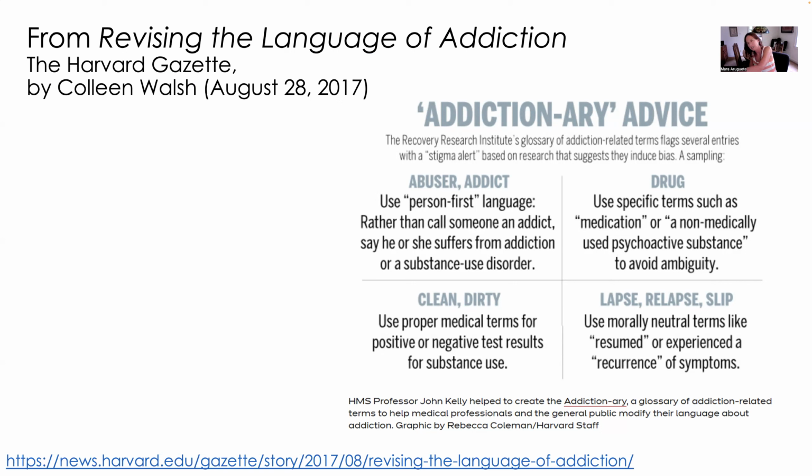You can talk about a person who suffers from addiction. This is not an addict, an alcoholic, an abuser. It is a person. So that first person language is identifying as a person instead of identifying in a category.